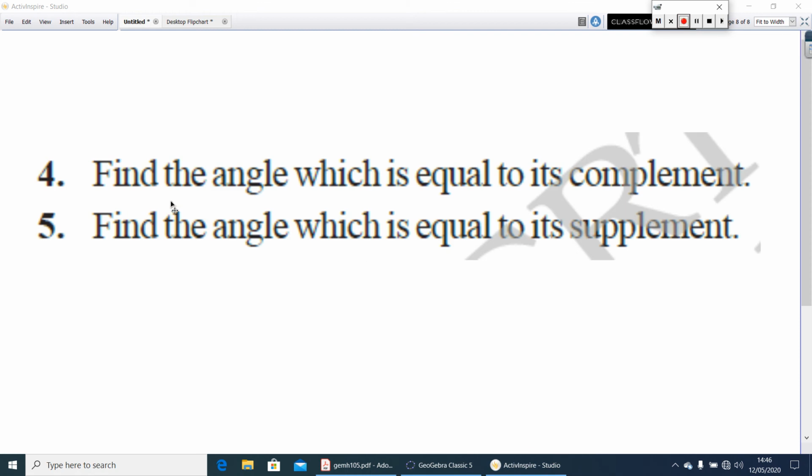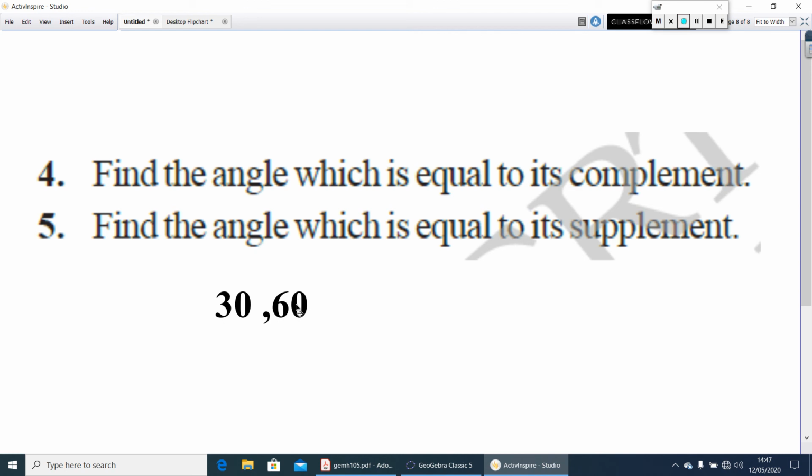Question number 4 and 5. Find the angle which is equal to its complement. That means, you know, 30 degree and 60 degree, they are complementary, but they are not equal. You have to find out the angle.